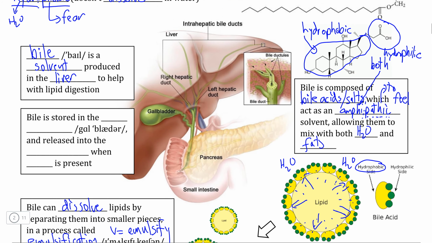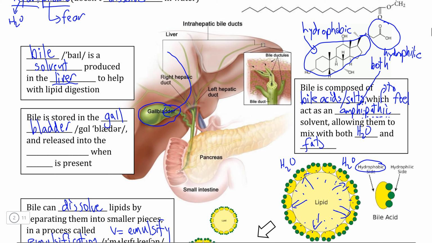So in terms of where bile actually comes from, as mentioned, bile is produced in the liver, but the bile that is produced in the liver in preparation for assisting with fat digestion is stored in this small organ underneath the liver that connects to the duodenum, which is what we call the gallbladder.